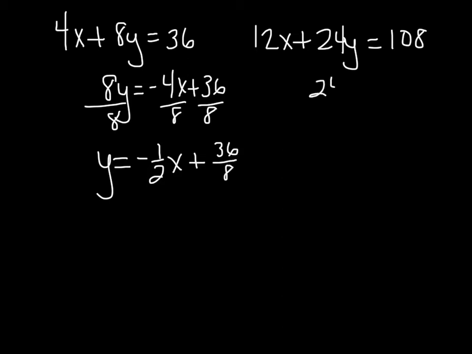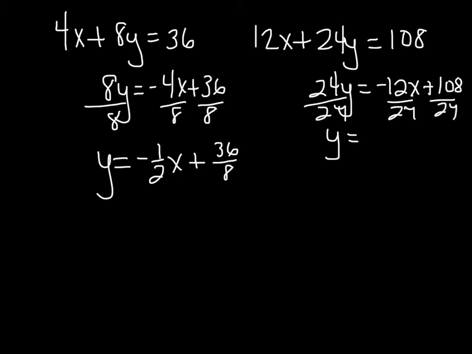The second equation will give us 24y equals negative 12x plus 108. Divide everything by 24. Negative 12/24 also gives us negative 1/2 x. And I'm going to divide 108 by 24.